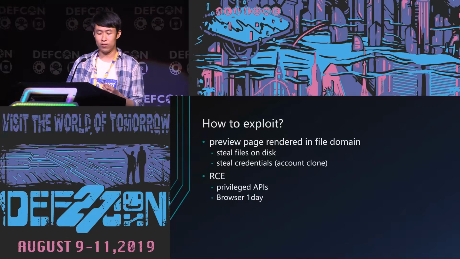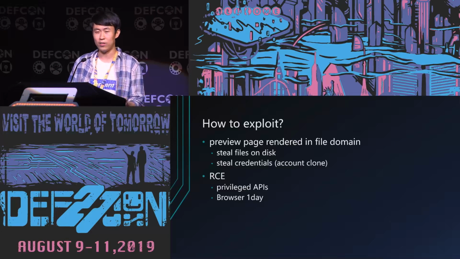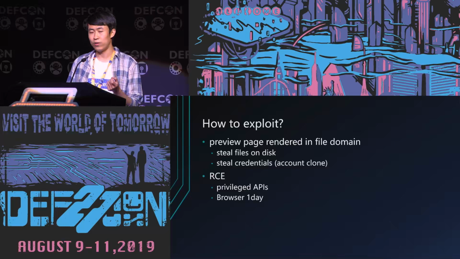Many of them preview the page in the file domain, so we can use JavaScript executing on the file domain to steal files on the local disk. We can steal some credentials from the localhost, clone the account and log in on another machine. And if it has some privileged APIs, or uses outdated browsers, we may get remote code execution.